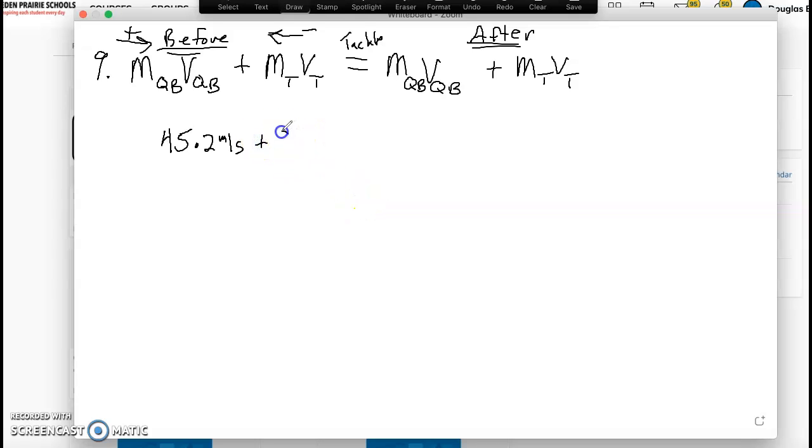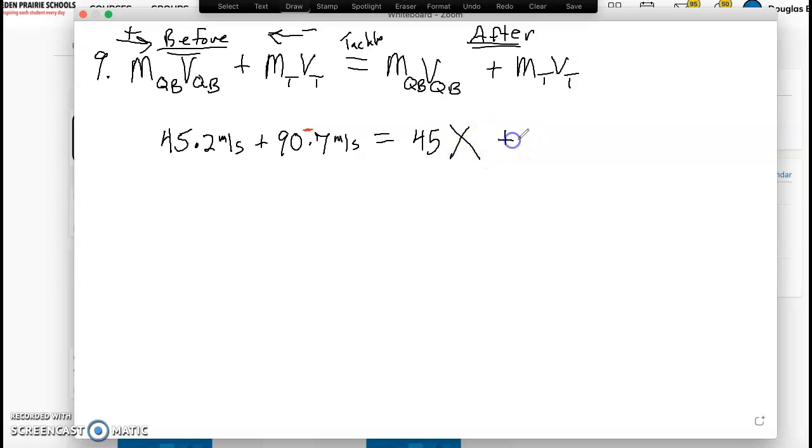So you add that to the 90-kilogram tackle moving at 7 meters per second in the other direction. So I'm going to make a negative sign right there. Okay? Then the tackle happens, and they want to know how fast does the quarterback get knocked backwards.